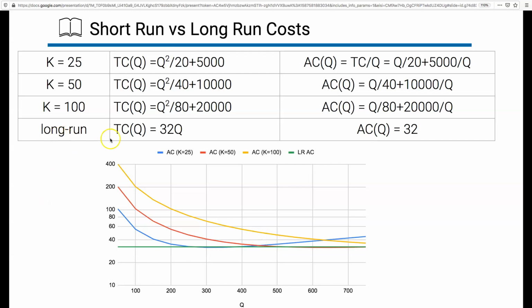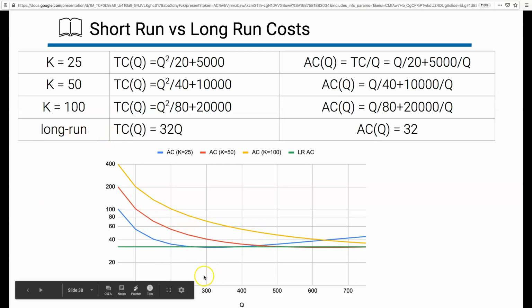What about the long run cost curve? Well, in the long run, we're saying if we were to produce a particular level of output, what is the cheapest way of doing so? What is the cheapest amount of capital and labor we need to produce a particular value of Q?